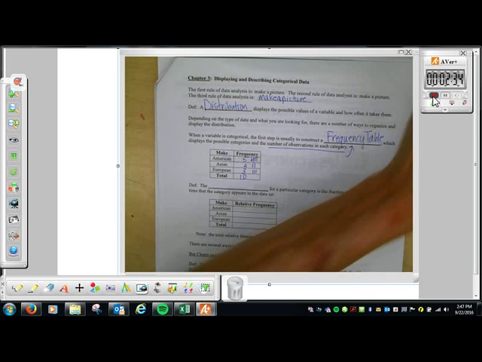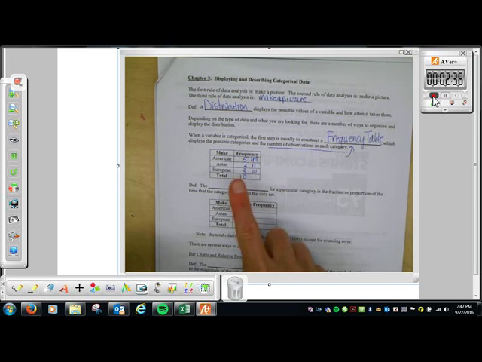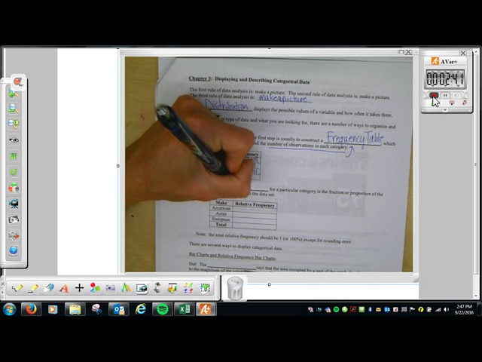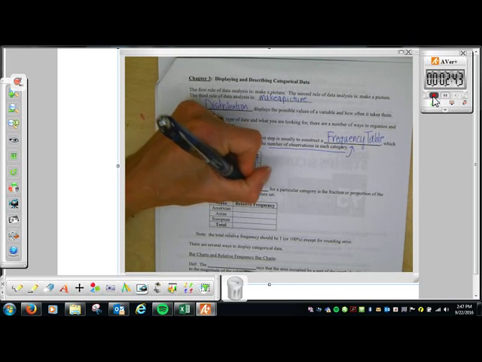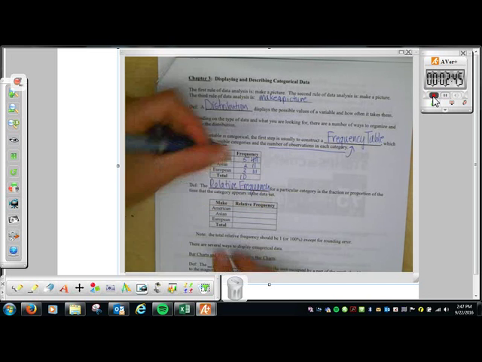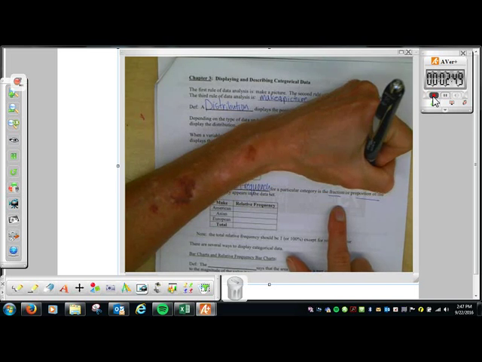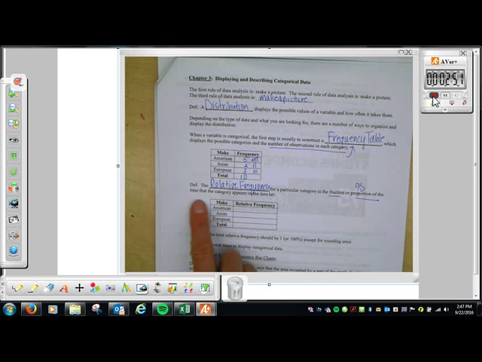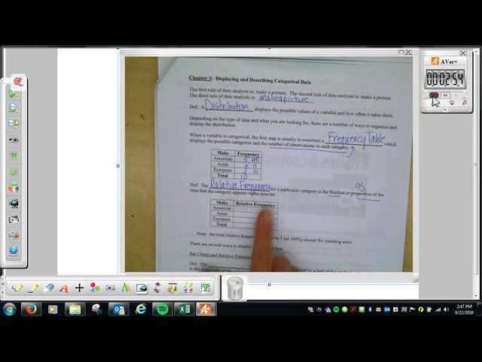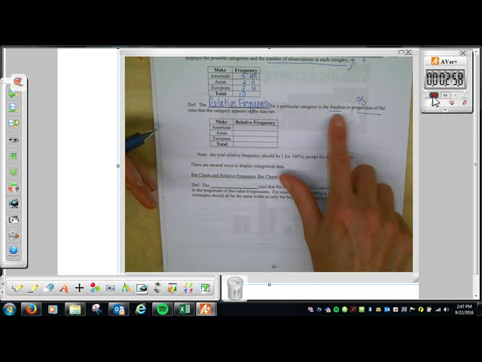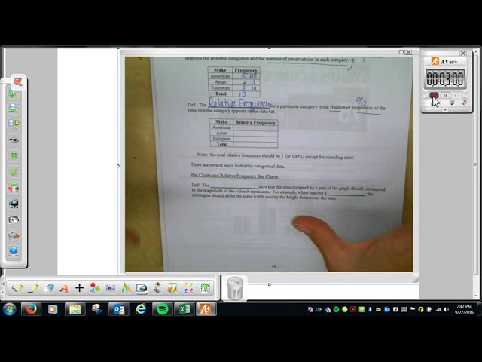All right, now, frequency is how often. The relative frequency is simply changing this into a percent for a particular category. It is the fraction or proportion or percent of the time that the category appears in the data set. Fraction, proportion, percent, they're all the same thing.